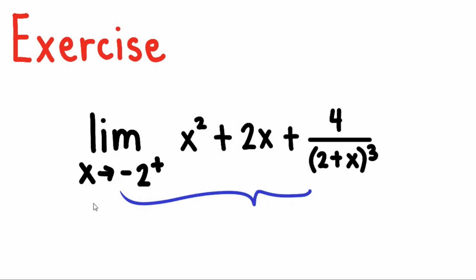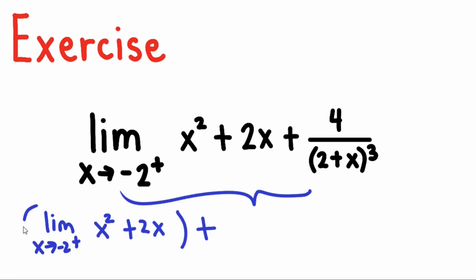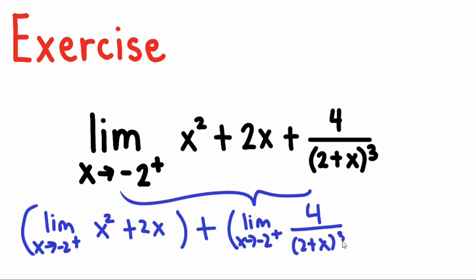Take note that we can write this as the limit as x approaches -2 from the right of x squared plus 2x, plus the limit as x approaches -2 from the right of 4 over 2 plus x cubed. This is just a property of limits that would be helpful in answering this problem. So just split it.